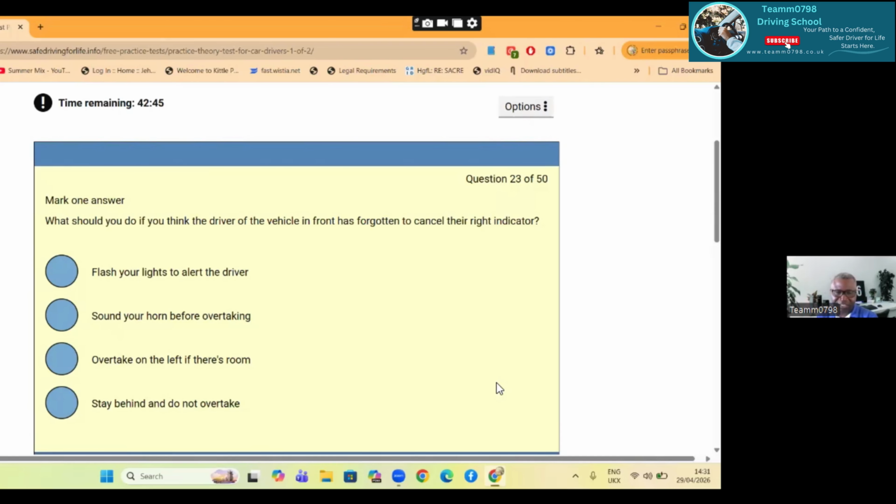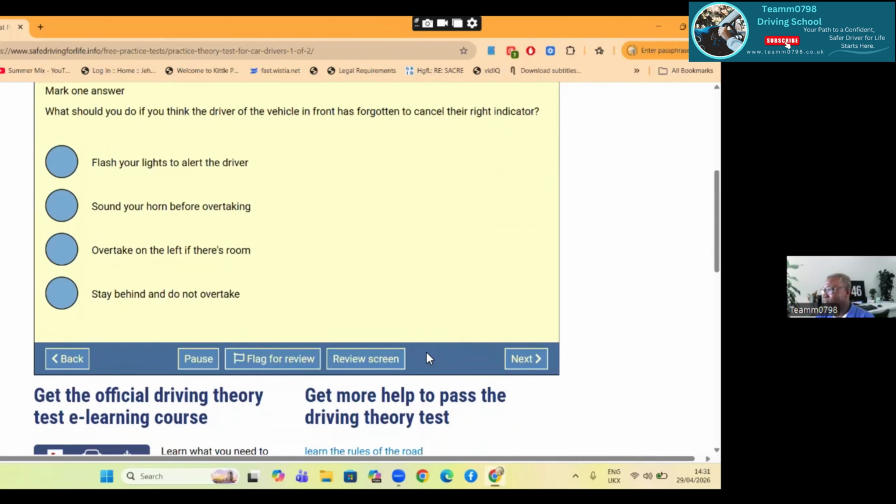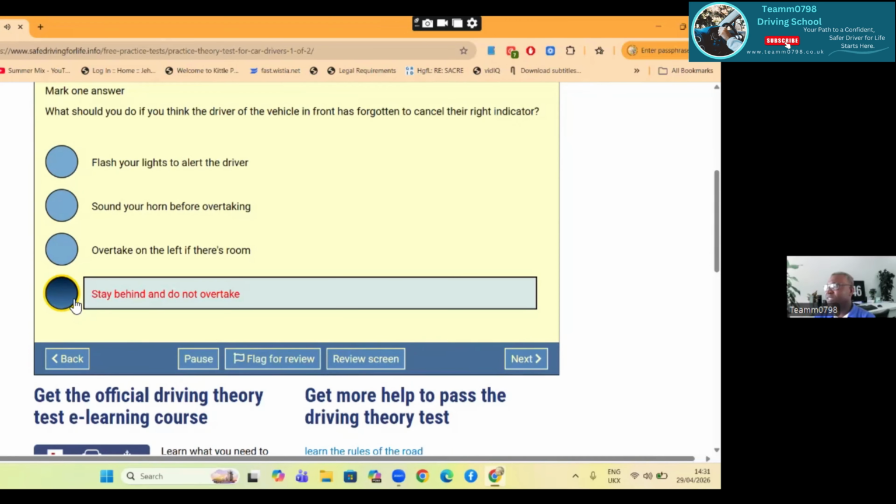It will be distracting to them. Sound your horn before overtaking. Well, why do we sound our horn? To alert people of our presence. So that will not be a good way of doing it. Overtake on the left if there's room. It's dangerous. The person may be turning left, although they forgot to turn off their indicator light. So the safe and the best thing for you to do is to stay behind and do not overtake.